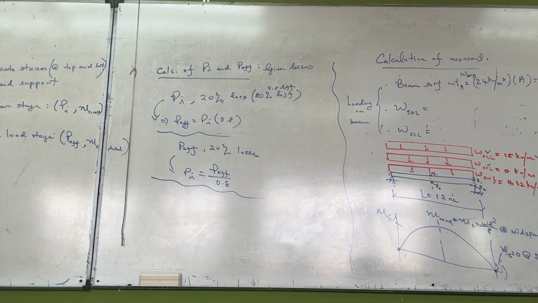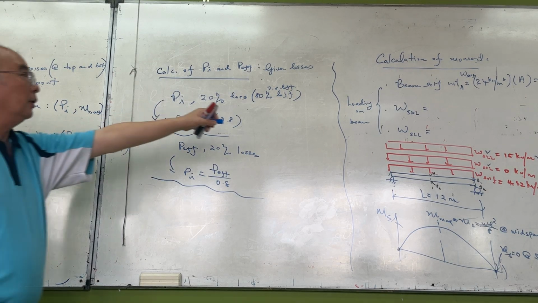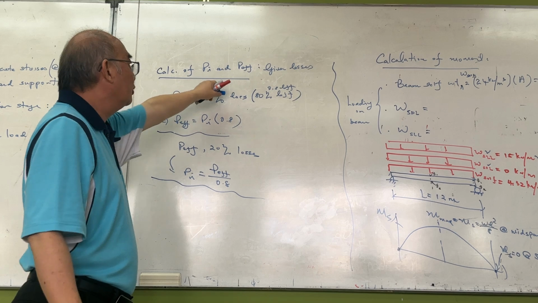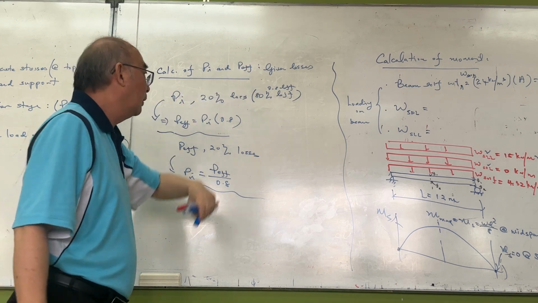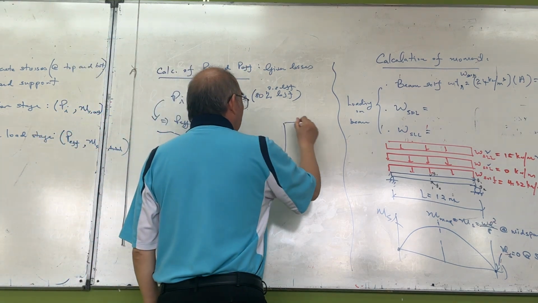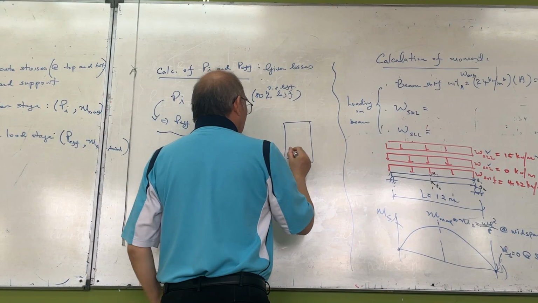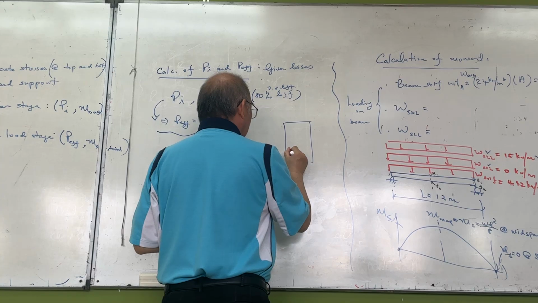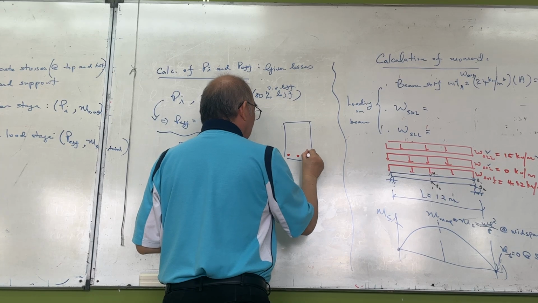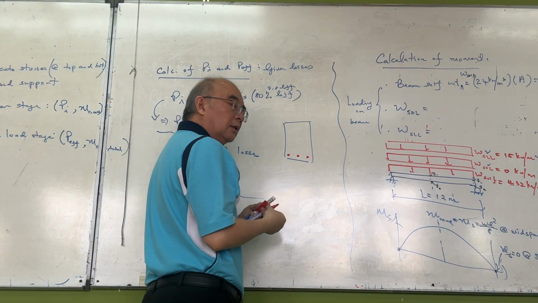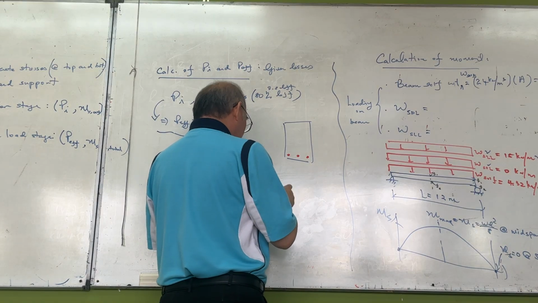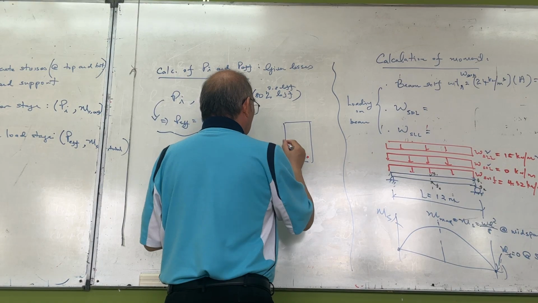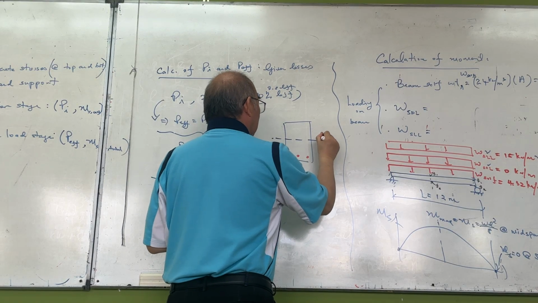So here: section properties, calculation of moment, calculation of PI and P effective. Normally, let's say this is a section. These are our strands. Say this is the neutral axis.